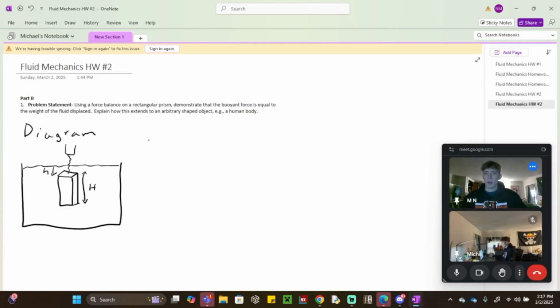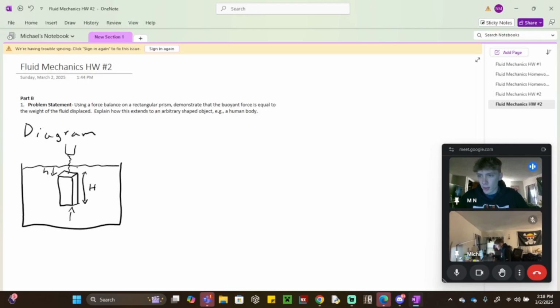So, we are trying to figure out the buoyant force of this object, and we're trying to demonstrate that the buoyant force is equal to the weight of the fluid displaced. There are going to be pressure forces acting on our rectangular prism, and the pressure force acting on the bottom will be going up.